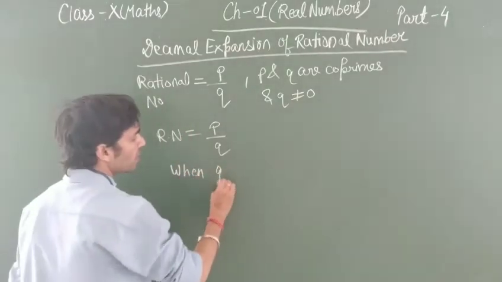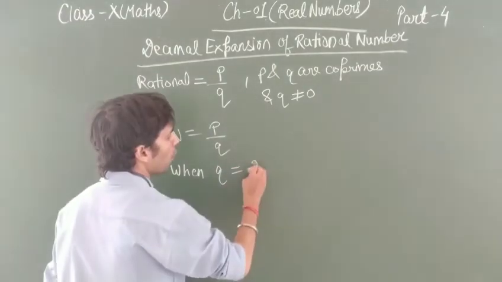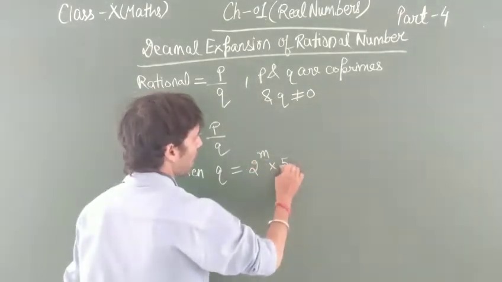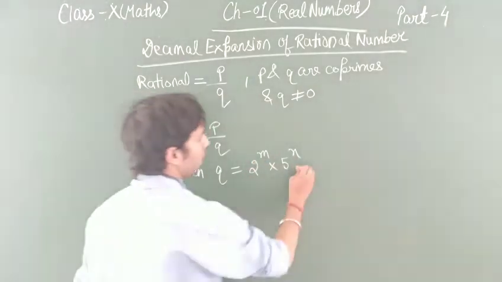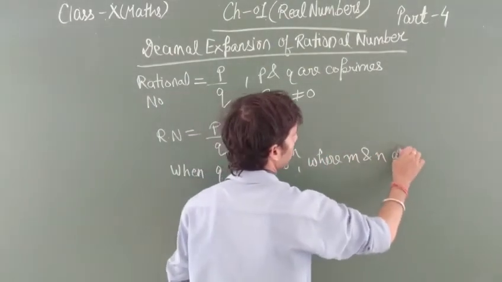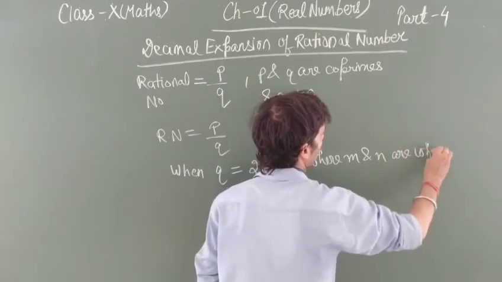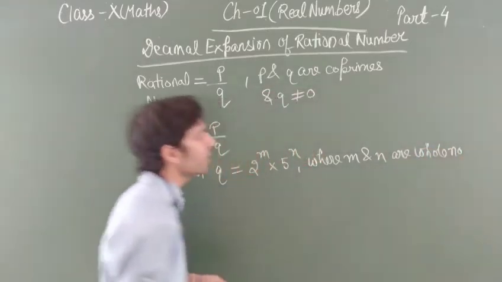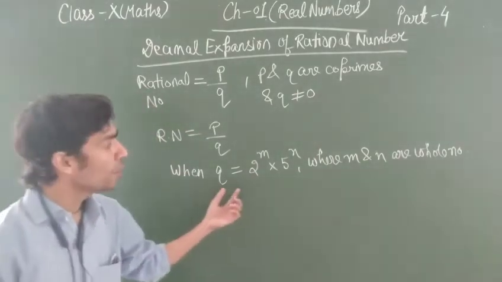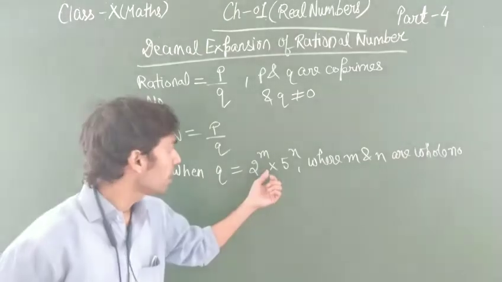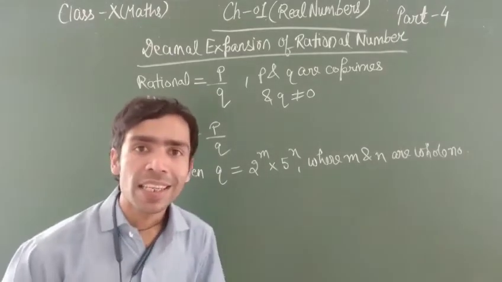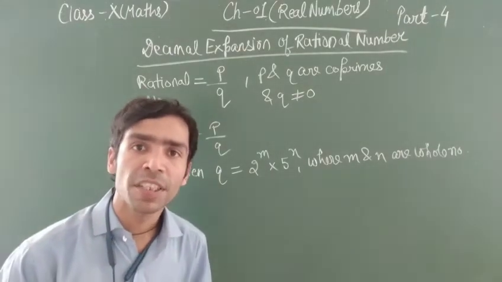When q is of the form 2 to the power m into 5 to the power n, where m and n are whole numbers, or integers including 0, it means the prime factors are 2 and 5 only. So in that case, whatever rational number it is, it will be terminating in nature.